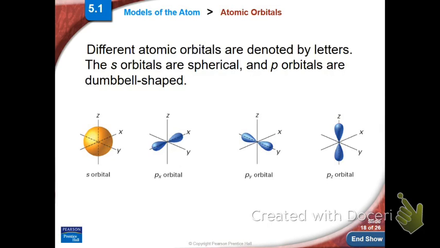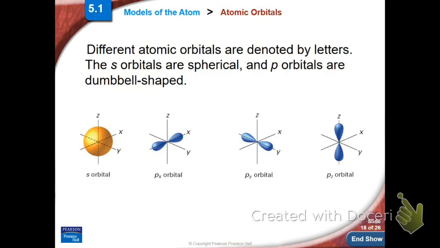And then P-shaped. And there are 3 of these P orbitals. I'm going to show you more, I hope in person, what these P orbitals look like. You have to think about them being on top of each other, like making a cross with pencils. But I think of P as peanuts. They look like peanuts to me. So P for peanut. And remember, these are shapes that electrons make when they're flying through the air.